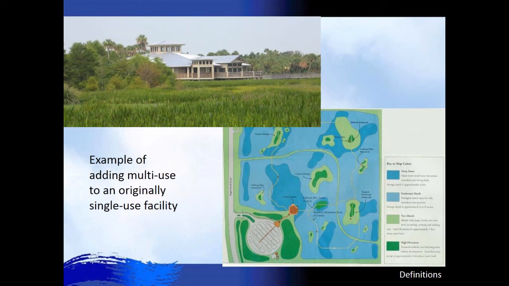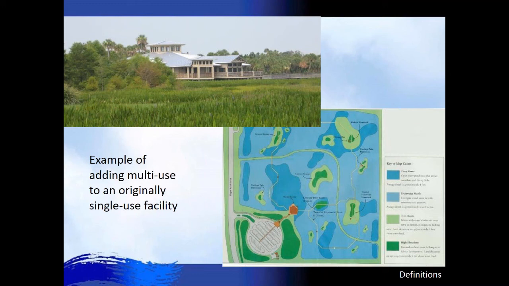So this was after they had built on that success of the first project. They added and really integrated this into their solution. So it was a really awesome example of taking a single-purpose facility and then adding function into it.